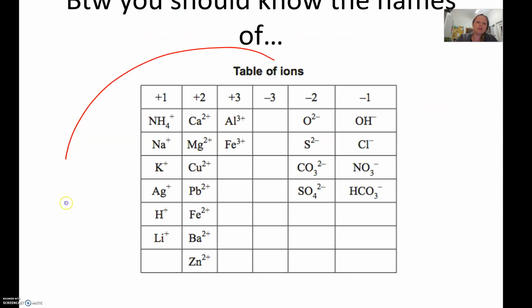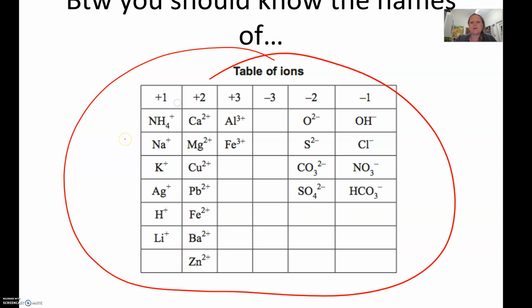By the way, you should know this table of ions and what these are called off by heart. This is the ammonium ion. Don't get confused: ammonia is NH3. These are all the same as the elements, so sodium ion, potassium ion, silver ion, hydrogen ion, lithium ion. I'm not going to go through all of them. Remember that these ones have an "ide" at the end.